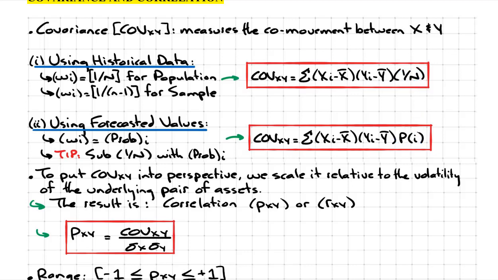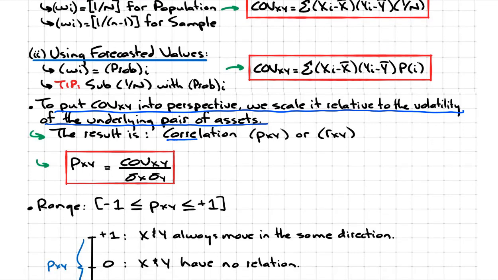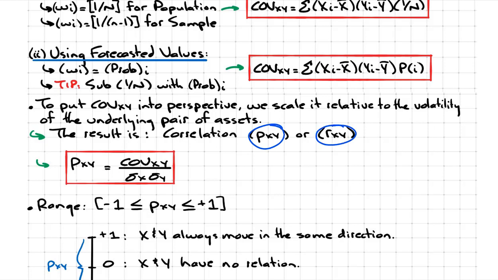Now, to put the covariance into perspective, we scale it relative to the volatility of the underlying pair of assets. And the result will be correlation. Now, correlation can be abbreviated using either this symbol or this symbol, so we'll use them interchangeably. And this just tells us what the correlation is between x and y.